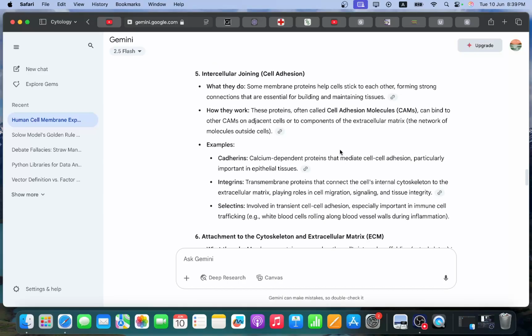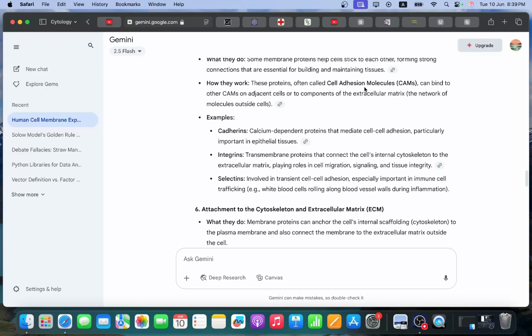Intercellular joining, cell adhesion. Some membrane proteins help cells stick to each other, forming strong connections that are essential for building and maintaining tissues. How they work: these proteins are often cell adhesion molecules, CAMs, that can bind to other CAMs on adjacent cells or to components of the extracellular matrix, the network of molecules outside the cell.